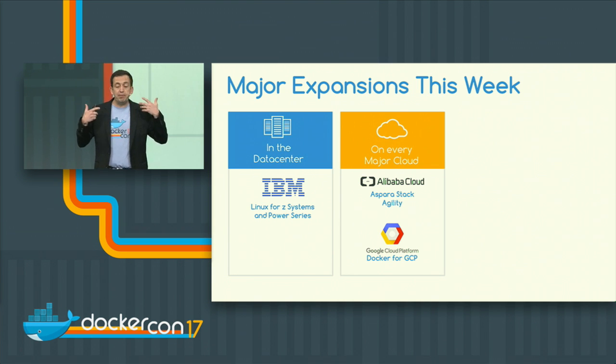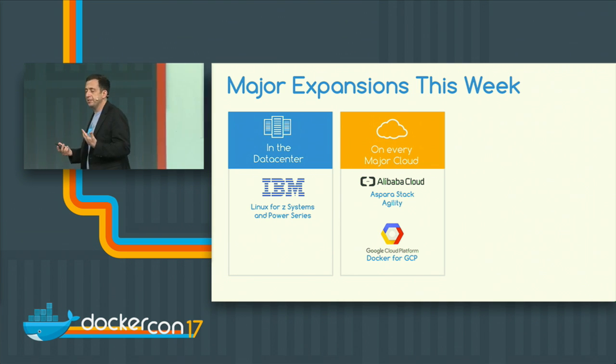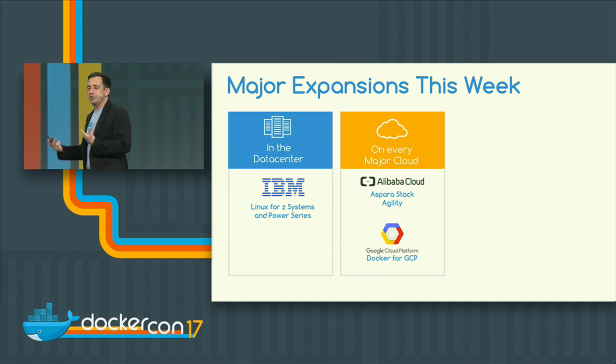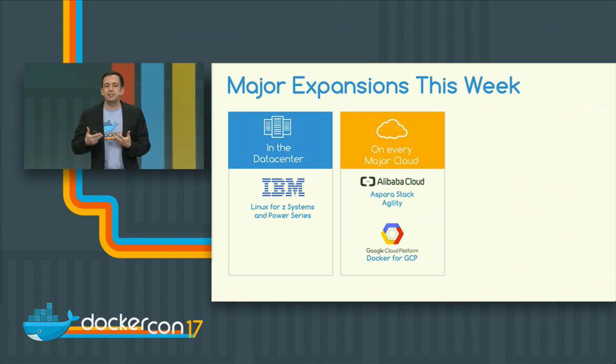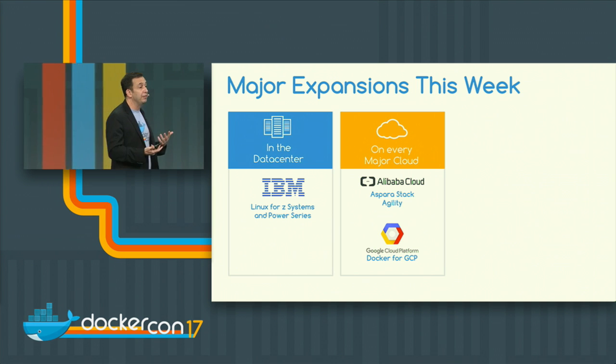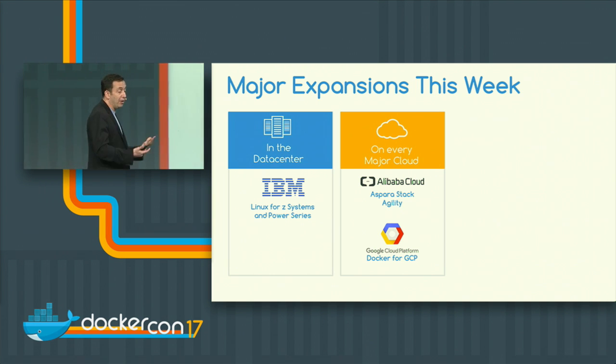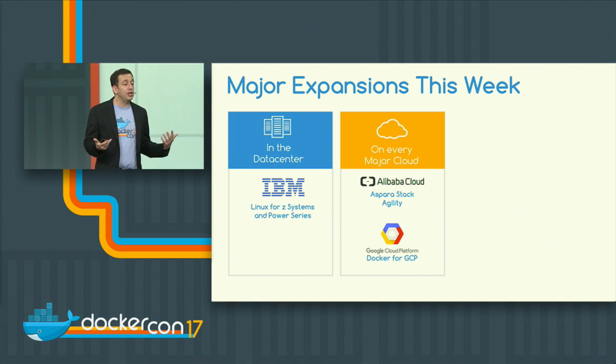So I know people know that everything is bigger in Texas, but everything is really big in China. And Alibaba is the largest by far public cloud provider in China. They also happen to be the largest e-commerce site and the largest search engine.